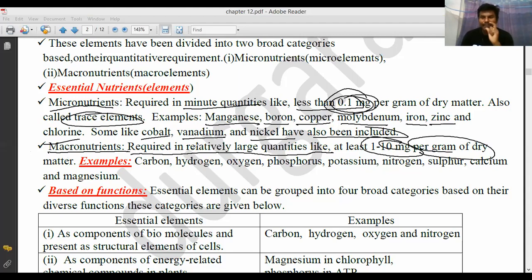Those are carbon, hydrogen, oxygen, phosphorus, potassium, nitrogen, sulfur, calcium, and magnesium. These are called micronutrients and macronutrients.